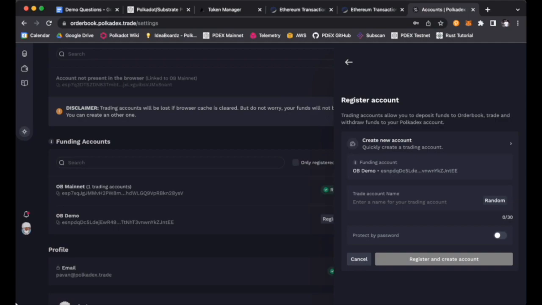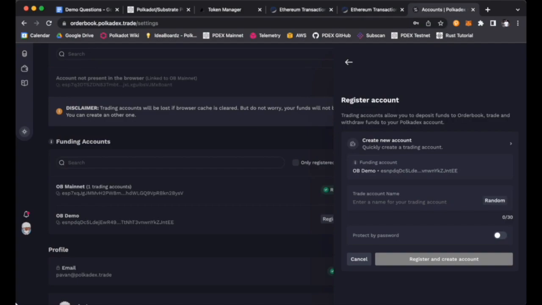Every time you register a funding account, it automatically creates a trading account linked to that funding account. Another thing to remember is, at the moment, we have capped the trading accounts at 3 accounts per funding account. We're observing this in production. We might increase or decrease this number.